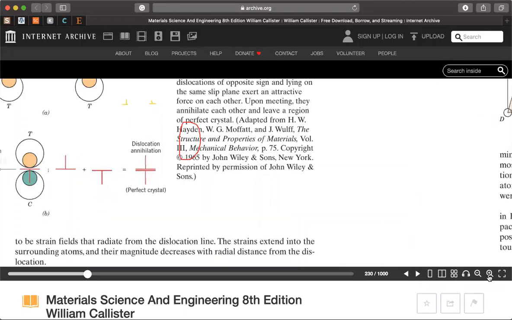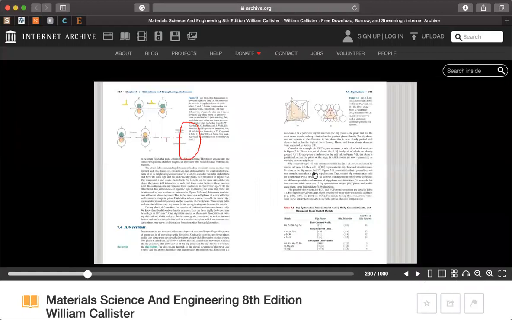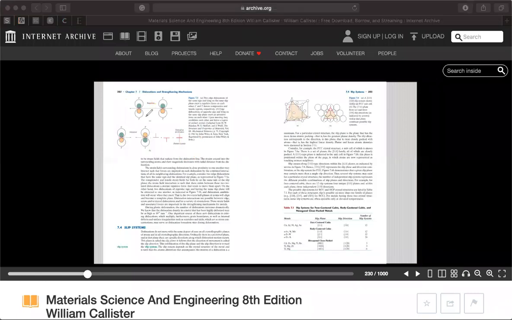And let me just zoom out. That's going to be better, right? So this one will have a compressive field on the top, tensile to the bottom.